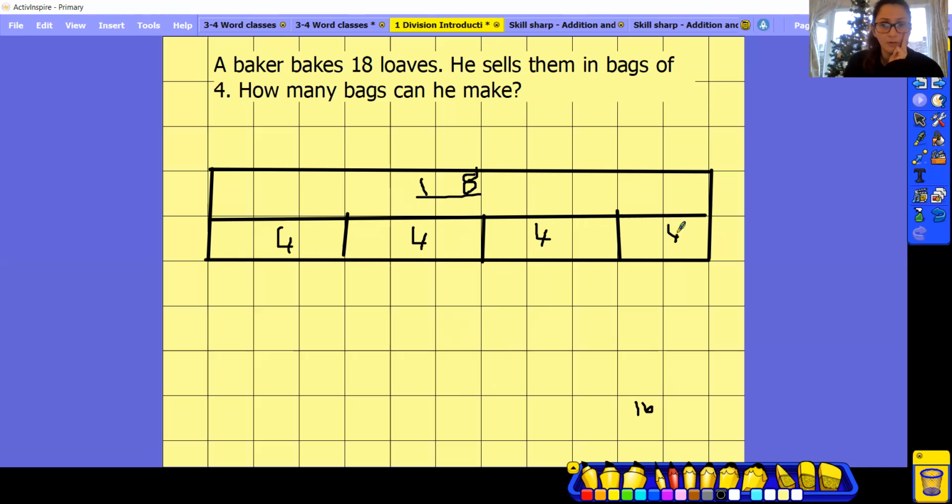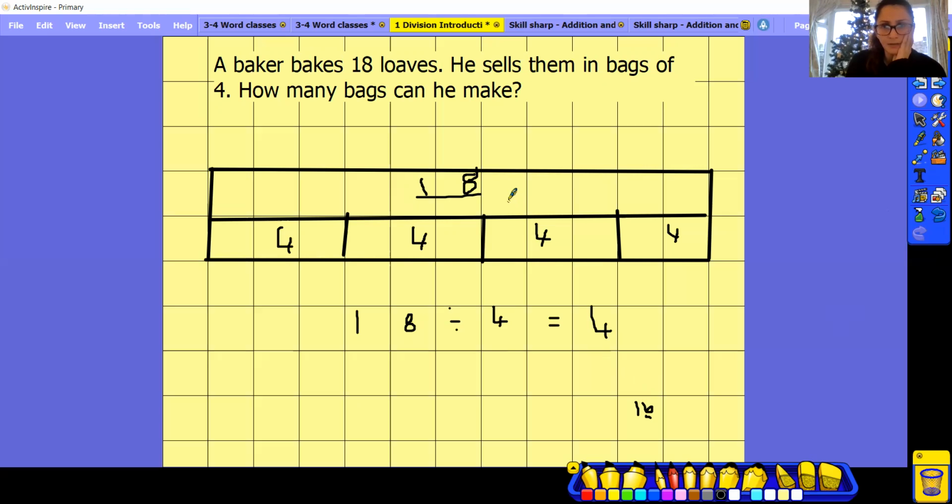However, because you had that 16 and you have 18, you have something left over. You have remainders left over. So you have 18 divided by 4, yeah, that's right, equals 4.